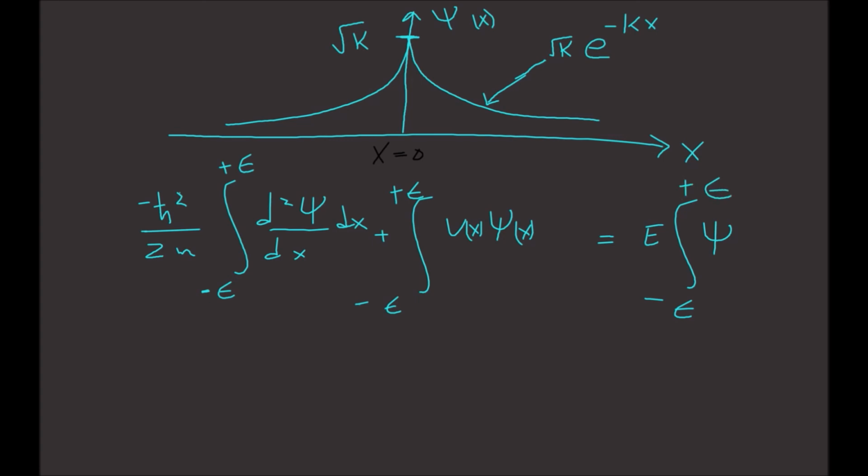So now the first integral, the first term, is nothing but d psi dx, right? Let's leave the second term as is. The last term here, this is dx, this is dx.